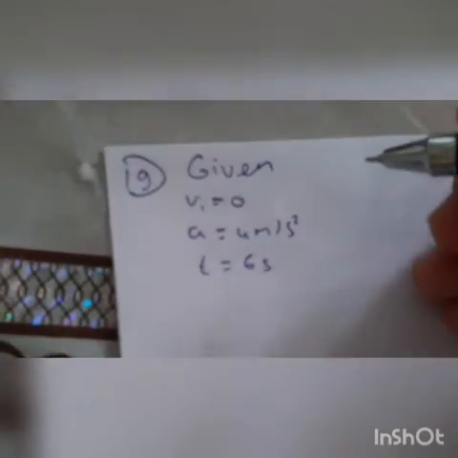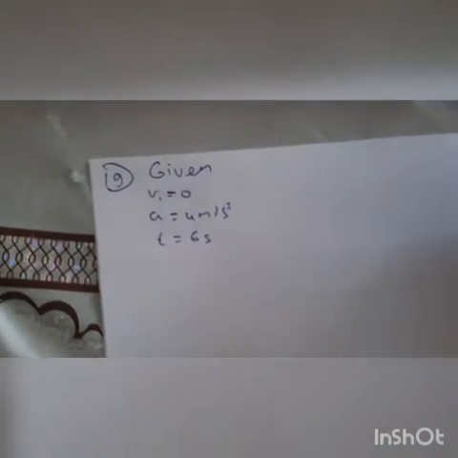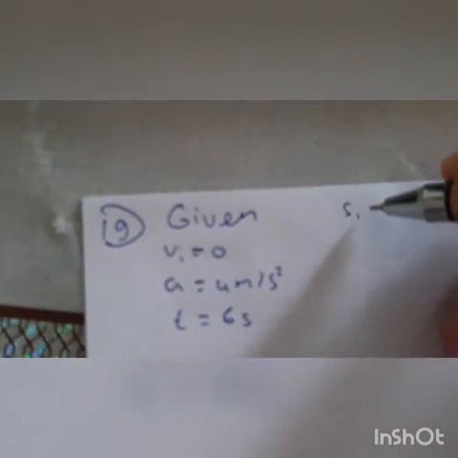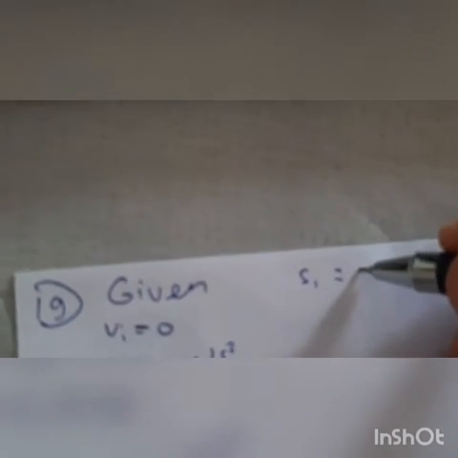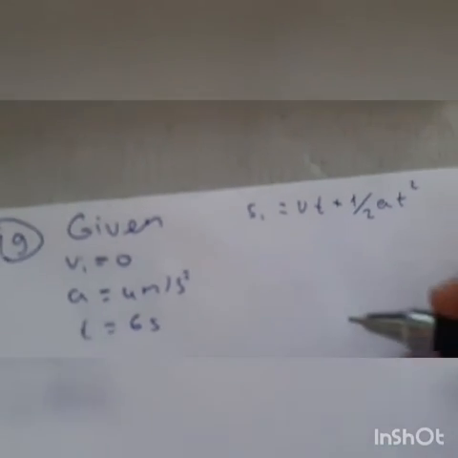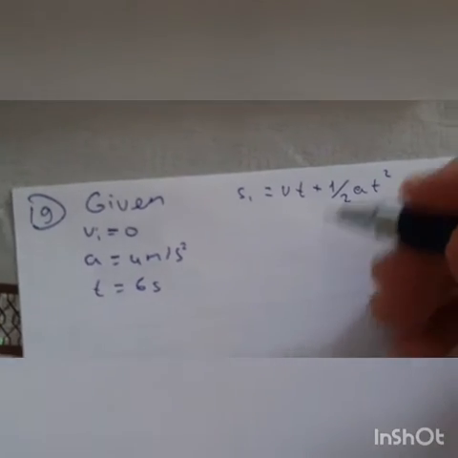First of all, we need to find the distance traveled, and we have this formula: x equal to v initial t plus one half a t squared.